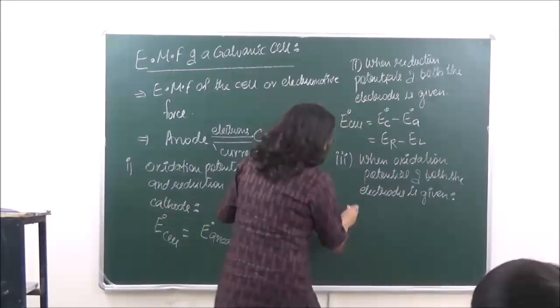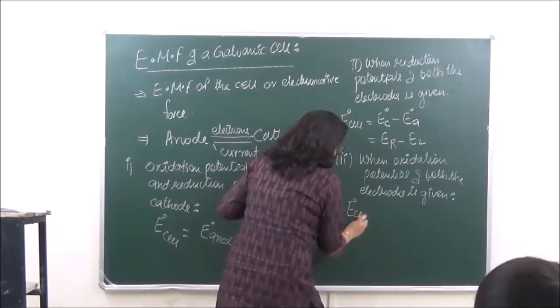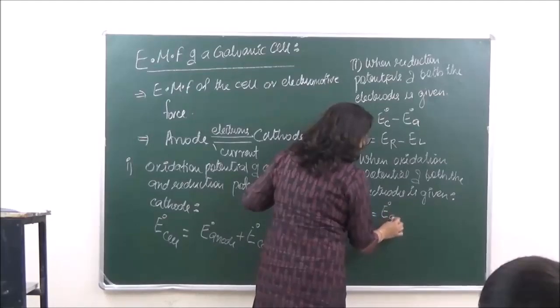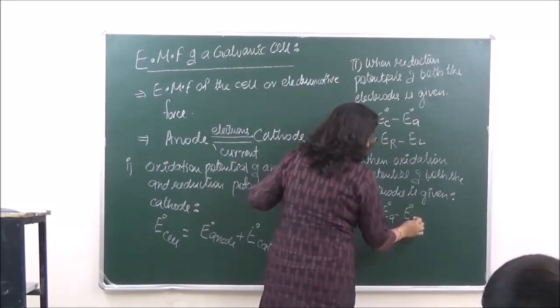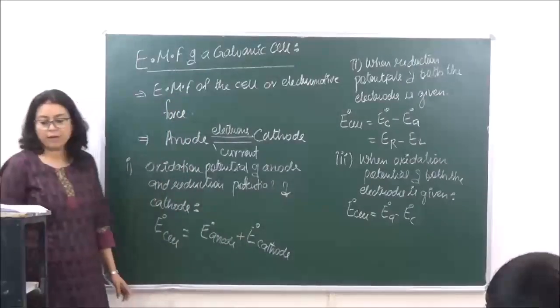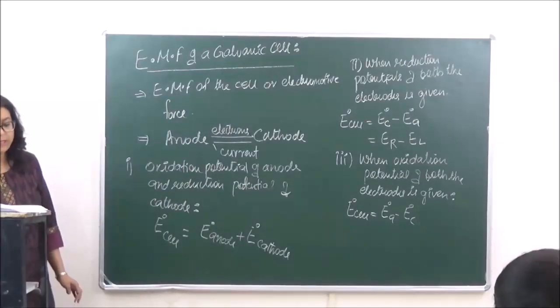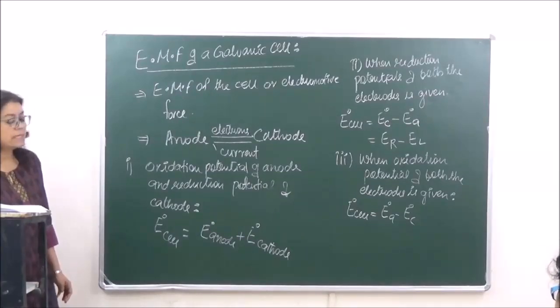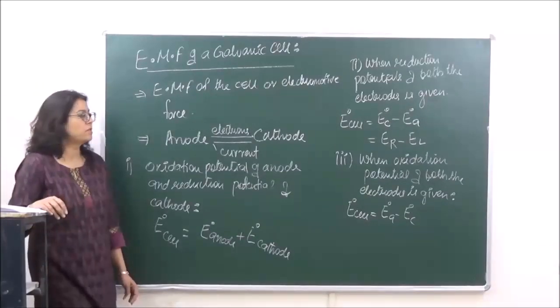In that case, the E naught cell is going to be equal to E naught of anode minus E naught of cathode. That is, the oxidation potential of the anode minus the oxidation potential of the cathode gives us the EMF of a cell.